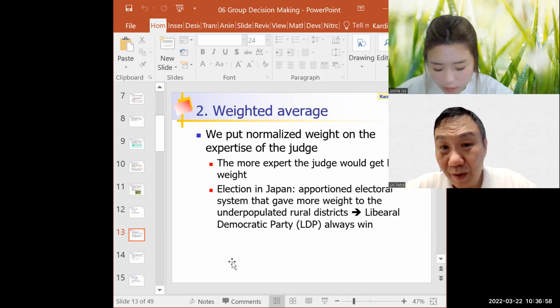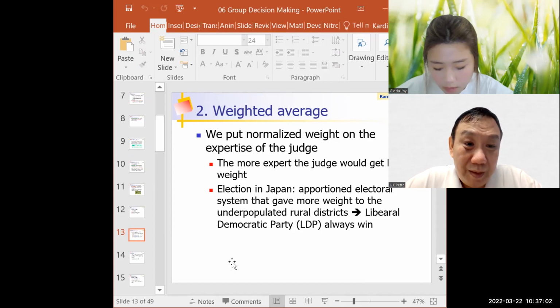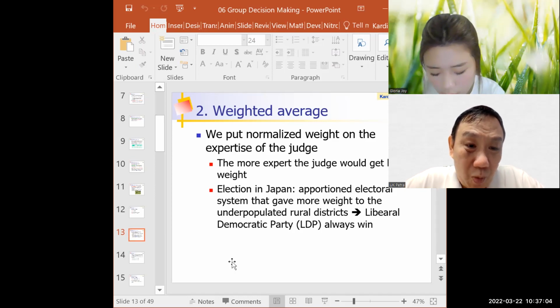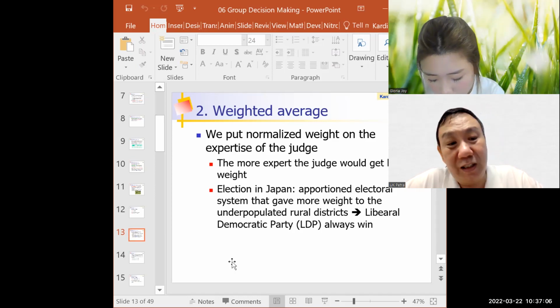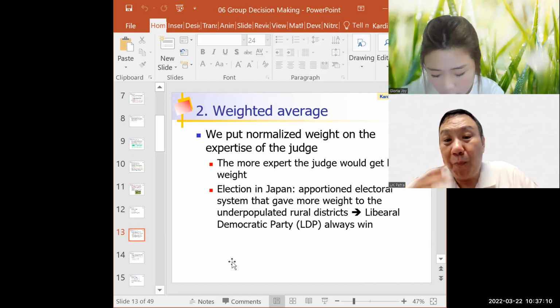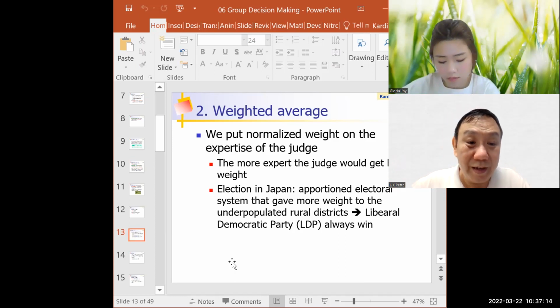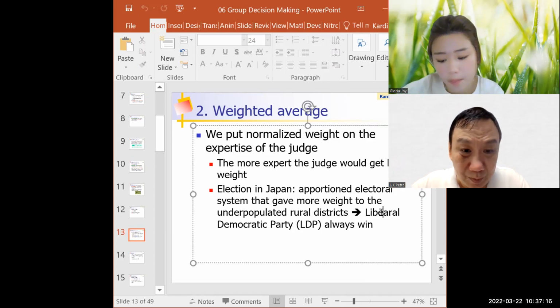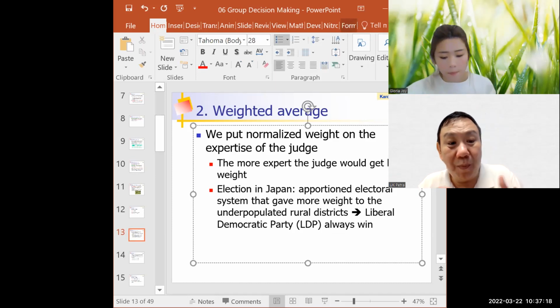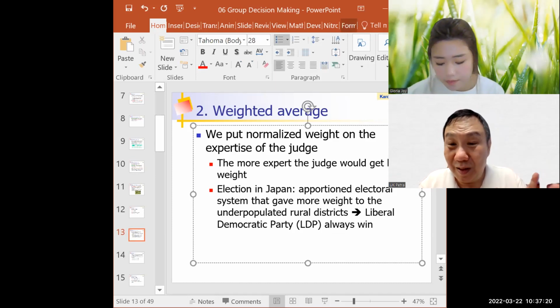In a lot of voting, for example in Japan, they created what is called a proportionate electoral system. They give more weight to the underpopulated areas in the rural districts than to the city. This is the Liberal Democratic Party (LDP), which since 1950 has always won until today.